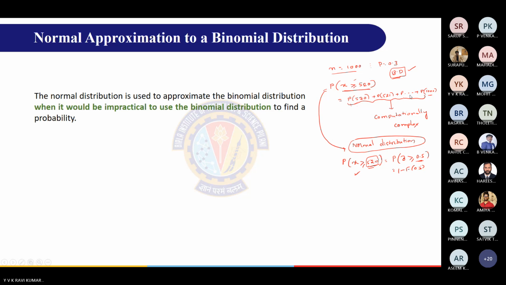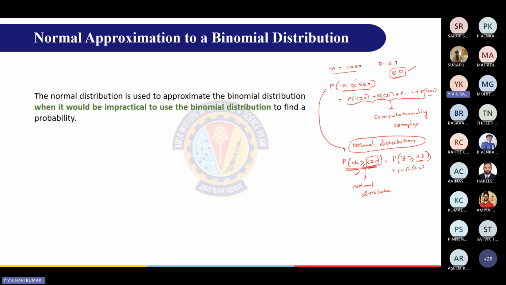Now, assume that the problem is given like this, where this follows a normal distribution. Do you see any difficulty in computations here? No, right? Just the limits, that's it.